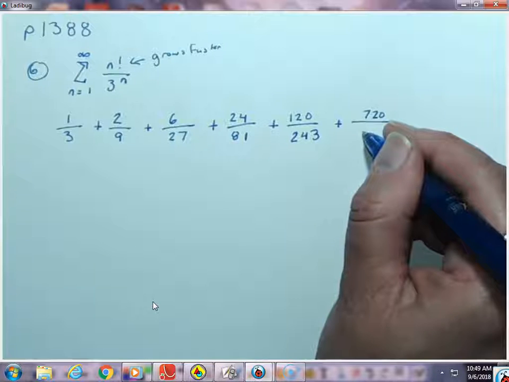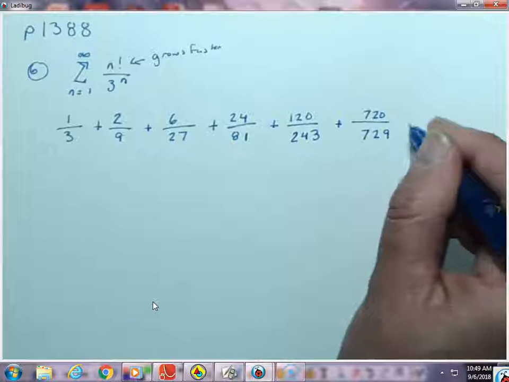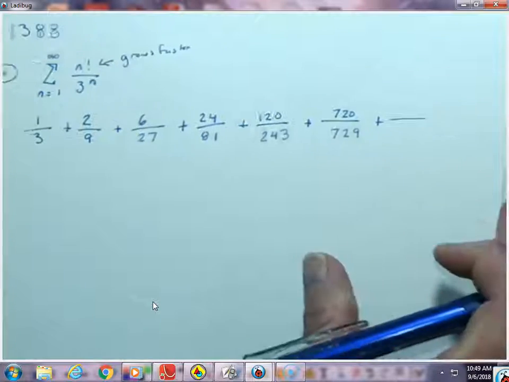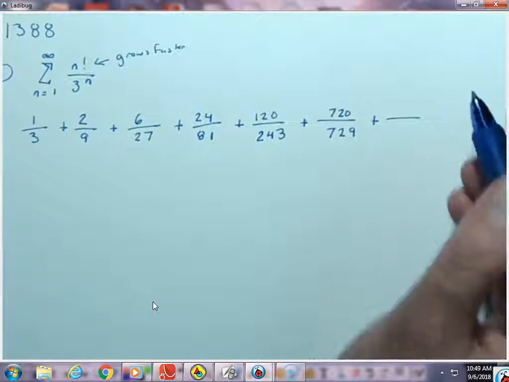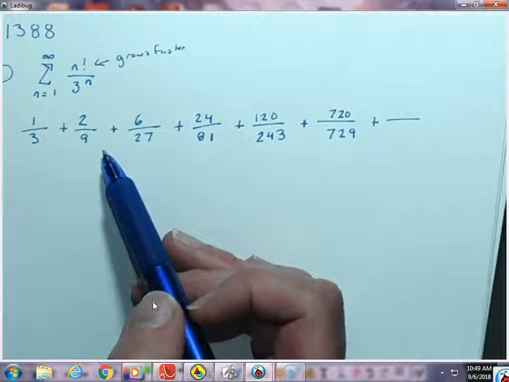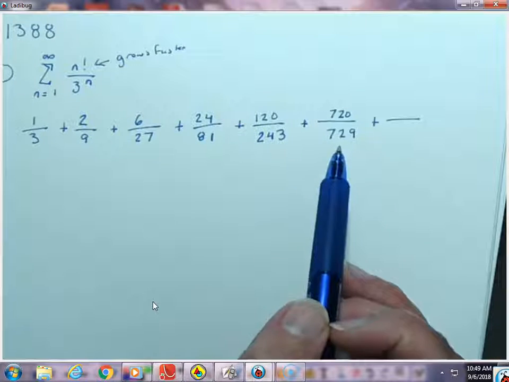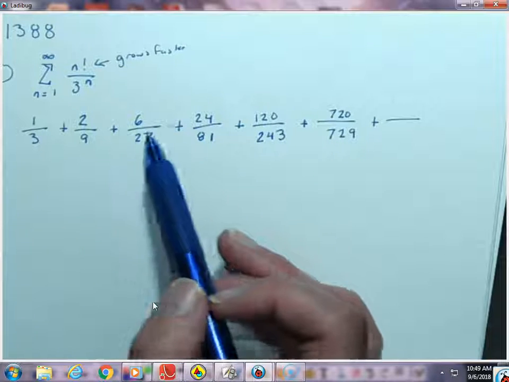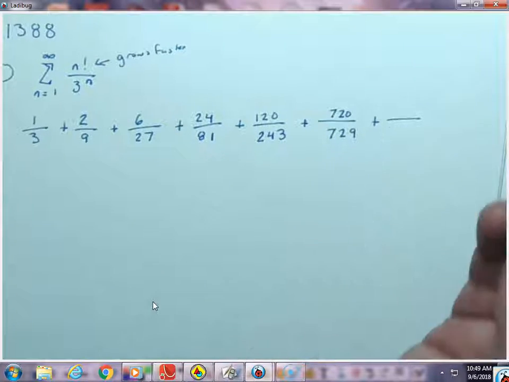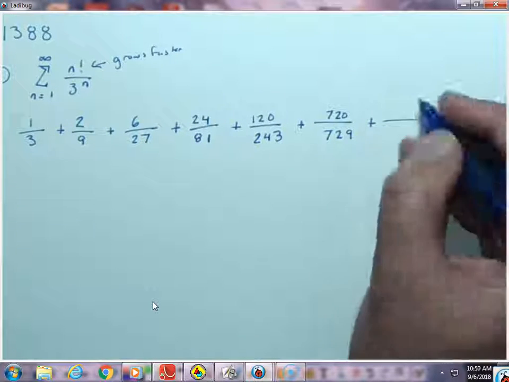Can somebody help me out with that? Okay. I'm still going. I'm on a roll here. Because basically, I'm trying to prove to you numerically, this is my goal here, that this numerator is increasing faster than the denominator. Okay, so I'm on 1, 2, 3, 4, 5, 6, 7. Somebody's going to have to tell me what 7 factorial is.